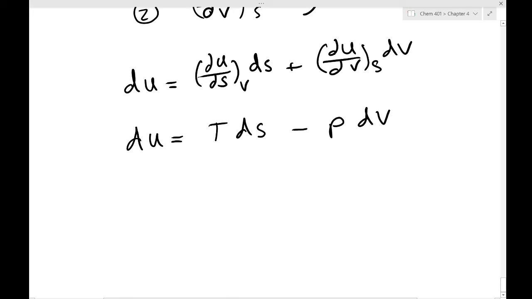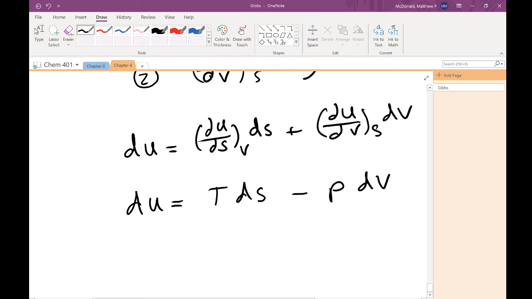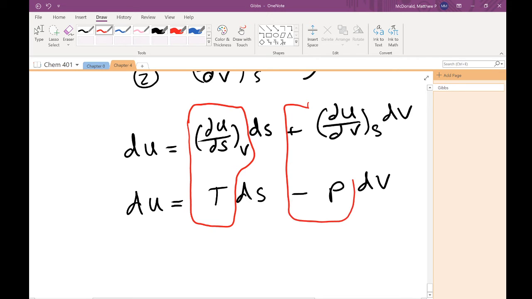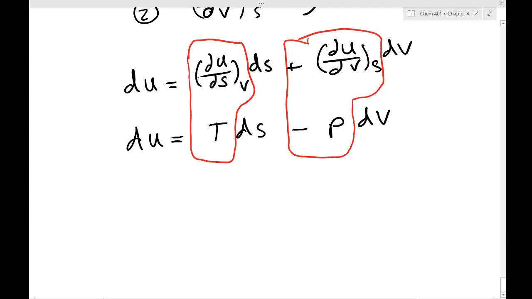I'll leave that there for just a second to get you guys to see why this is so useful. If you see that now, you see how those are equal. So now we can make an equality between those two pieces that are circled.